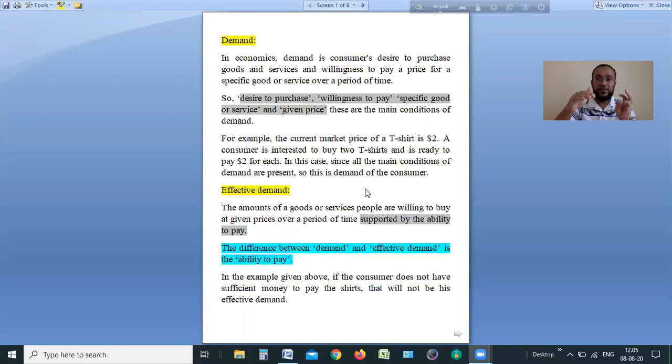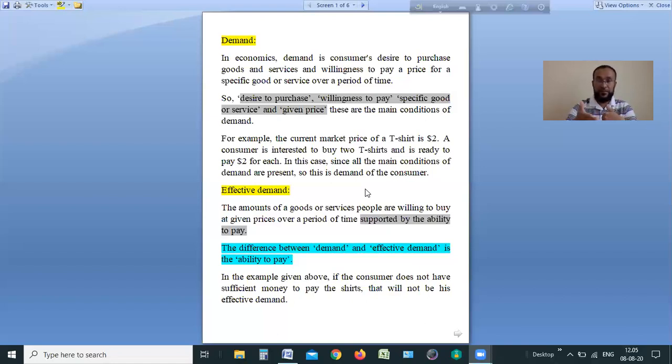These are the 4 main conditions for normal demand. For effective demand, in addition to these 4 conditions, one extra condition is being supported by the ability to pay. That means the financial ability. So the difference between demand and effective demand is simply the ability to pay. This condition distinguishes between demand and effective demand.